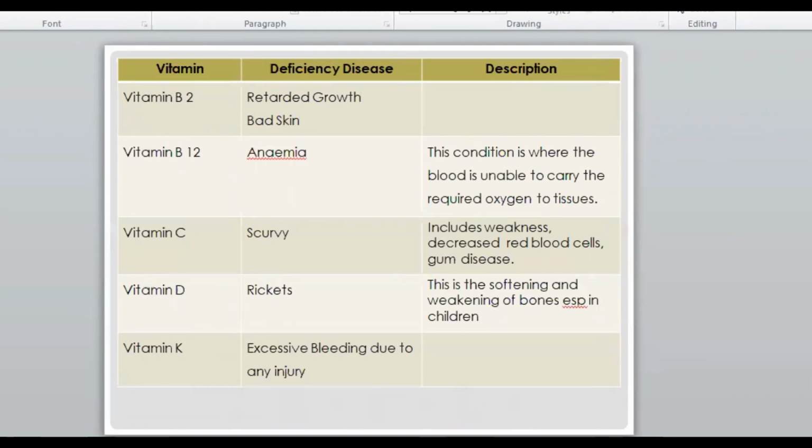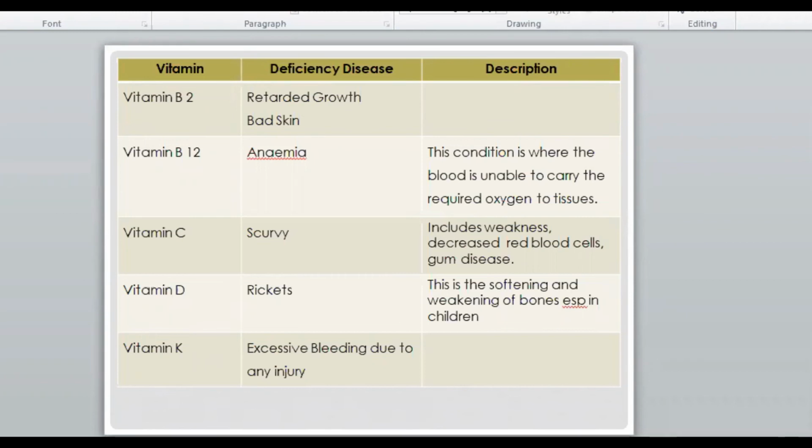So you tend to have severe bleeding occurring if there's a lackage of vitamin K. And I think vitamin K plays a part in blood clotting. So if your blood can't clot in cases where you have some kind of injury and you're bleeding, then your blood is just going to continue running, right? Hence having excessive bleeding in that case.